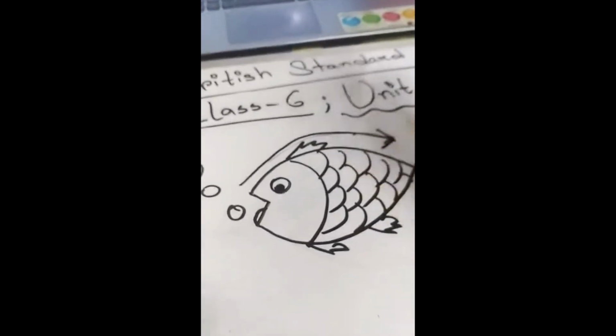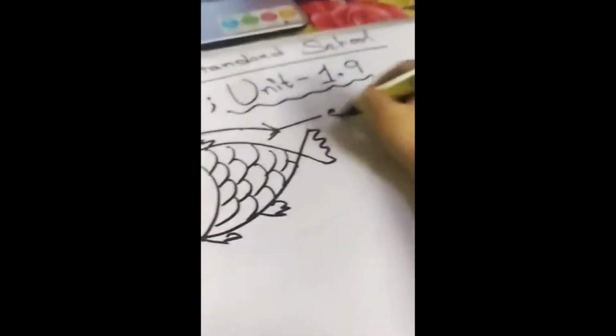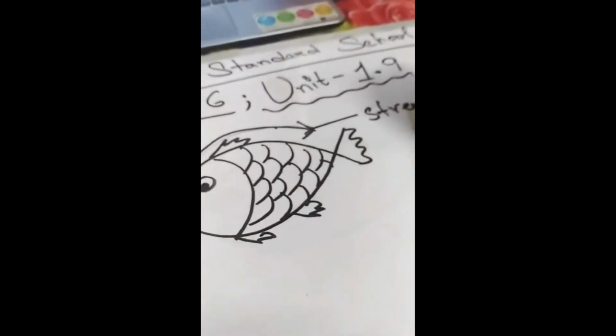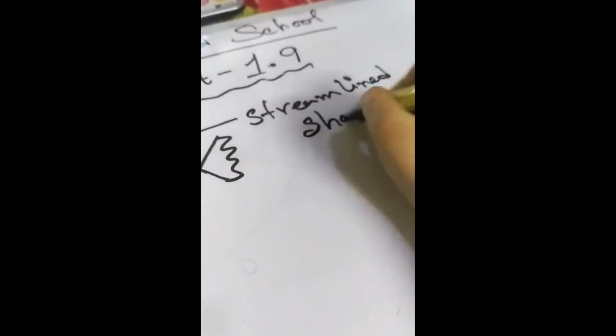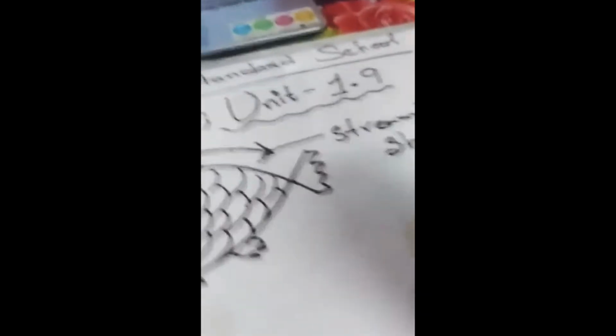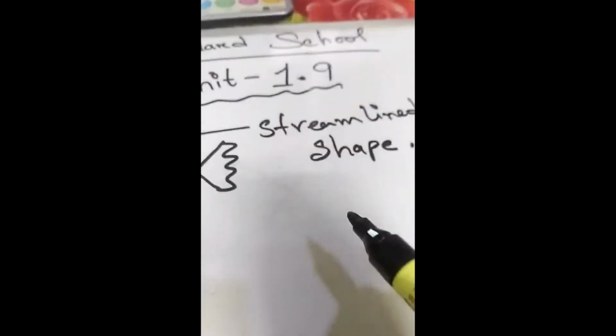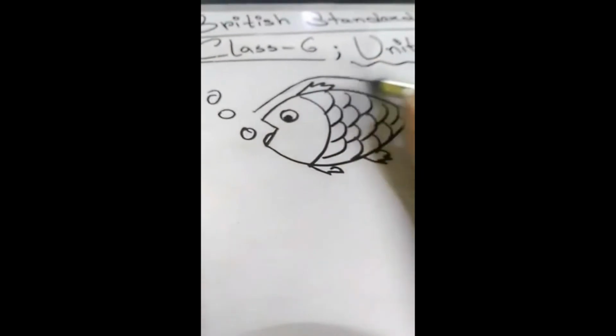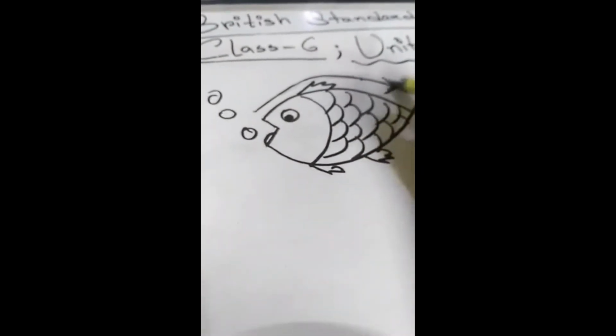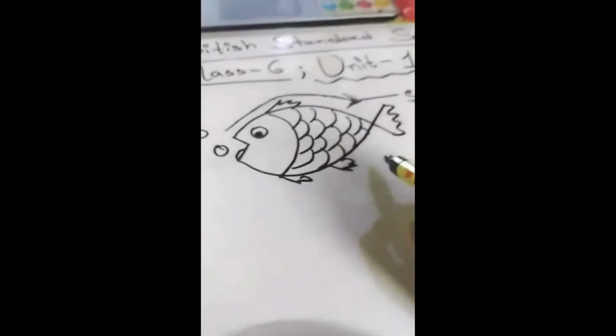Because of this streamlined shape, they can easily swim through water. So this streamlined shape helps them to swim through water easily.